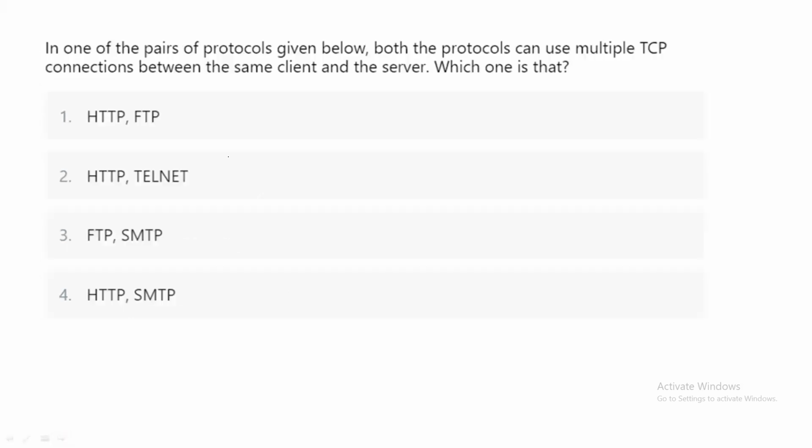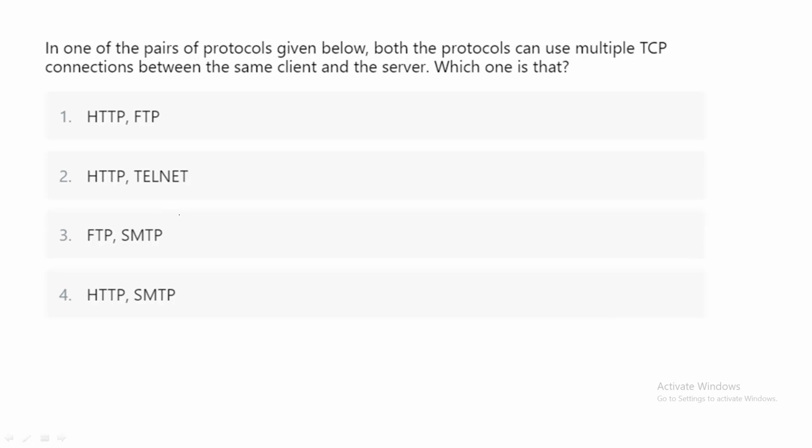Next question is, in one of the pairs of protocols given below, both the protocols can use multiple TCP connections between the same client and the server. Which one is that? HTTP, FTP; HTTP, Telnet; FTP, SMTP; HTTP and SMTP. So these all are protocol pairs. Now you have to tell which set of protocols can use multiple TCP connections between the same client and the server.